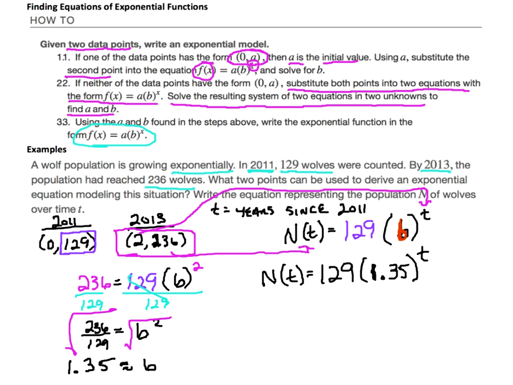So if I wanted to say, what is the population of the wolves going to be in 2020? Well, let's do that. What about the year 2020? That would give me a t value of 9, because that's 9 years since 2011.